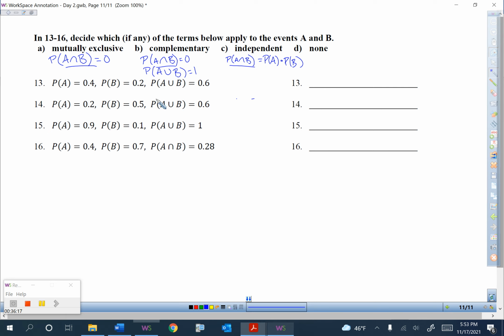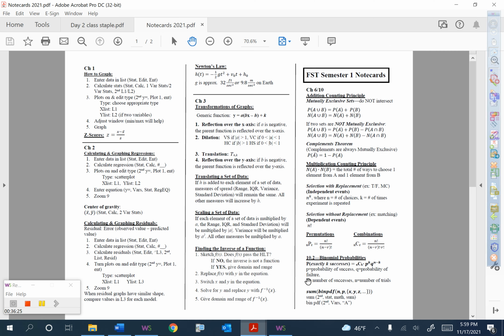On this first one, we're given the union, not the intersection, but we're going to use our math formula, and all we have to do to find the intersection is add up the two separate ones and subtract off the union. I know it's not set up that way, but you can add over the intersection, subtract over the union, and then it is set up that way.